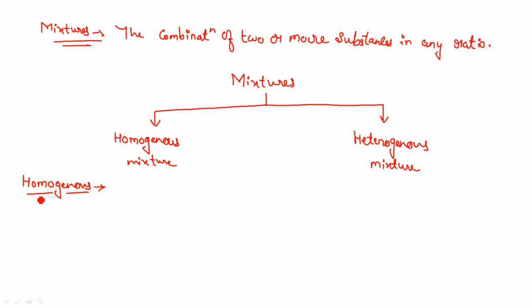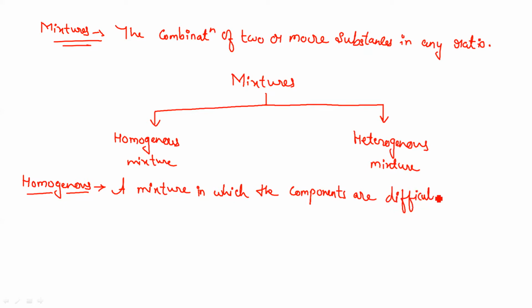So what is a homogeneous mixture? A mixture in which the components are difficult to be differentiated with each other.